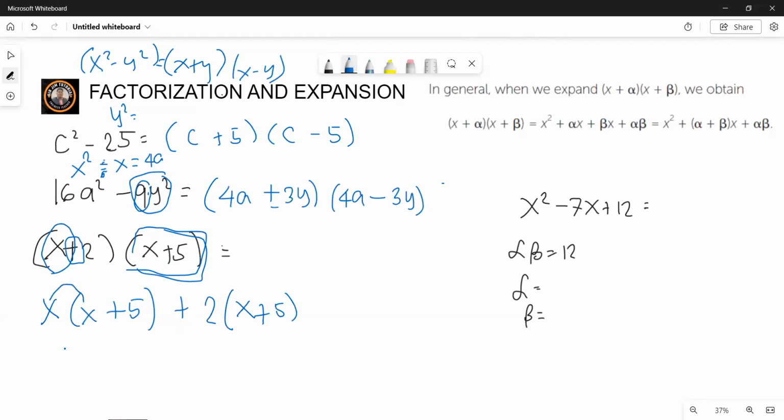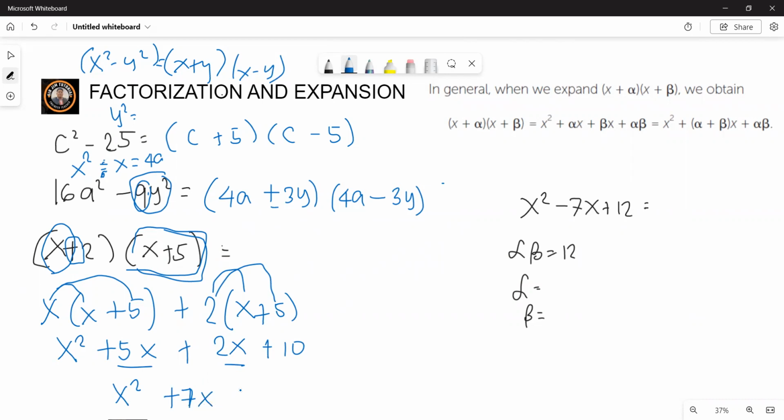This one is x squared, and then this one is 5x, plus this is 2x, and then this one is 2 times 5 is 10. 5x plus 2x is, okay, copy x squared, you have 7x plus 10. So this is the answer of the product of these two expressions.